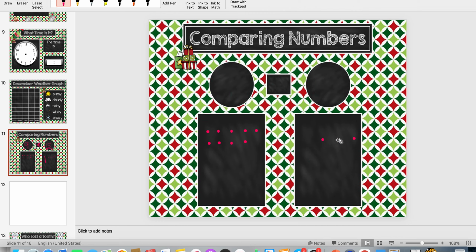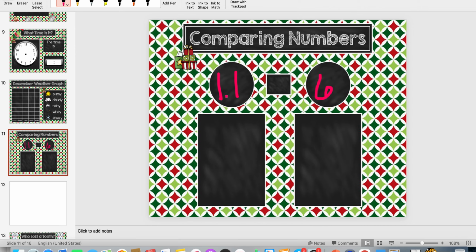Get these erased. Remember, we're working on drawing. So if you want to grab your whiteboard and draw this on your whiteboard for extra practice, absolutely, that would be a fantastic idea. All right, the 2 numbers we're going to work with now are 11 and 6.